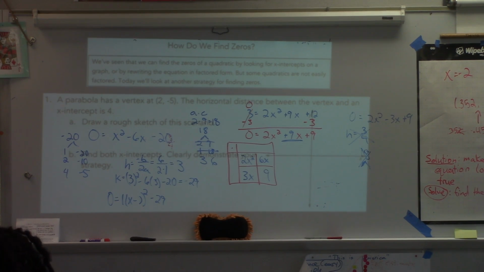Remember, the process of going to vertex form is also a process for finding zeros. Okay? But what if we can't use vertex form and we can't use factored form? We're just up a creek, right? No, we got strategies. Strategies on strategies on strategies.